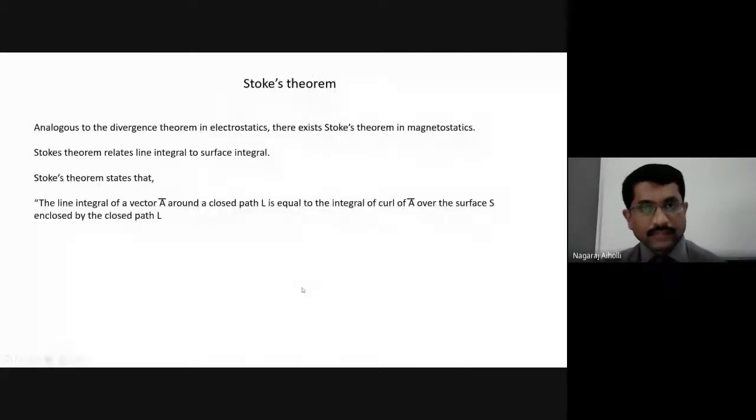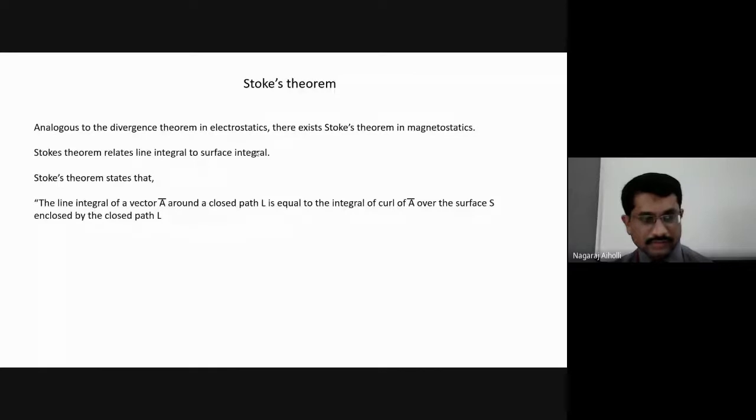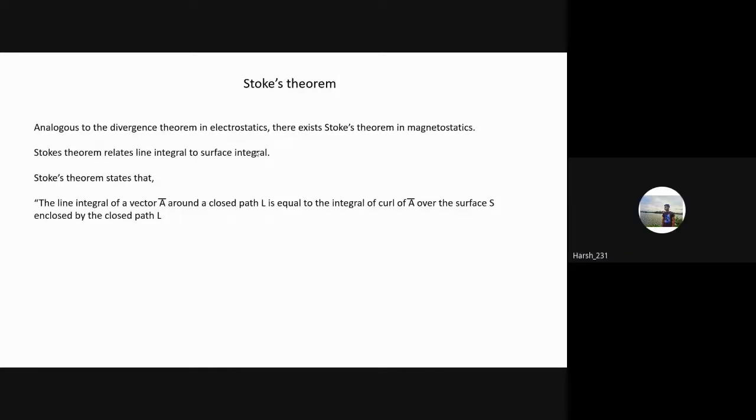The next one is Stokes theorem. In electrostatics, we have discussed the divergence theorem. What is the divergence theorem? Can anybody recollect it? Sir, the closed integral of D bar dot dS equals the integral of del dot D dv.